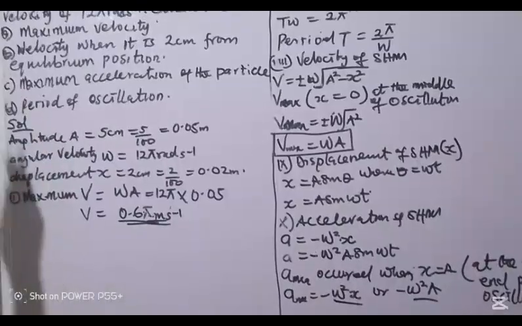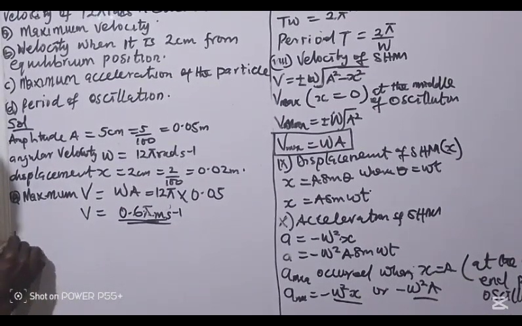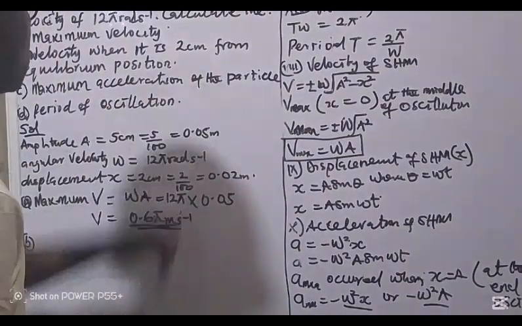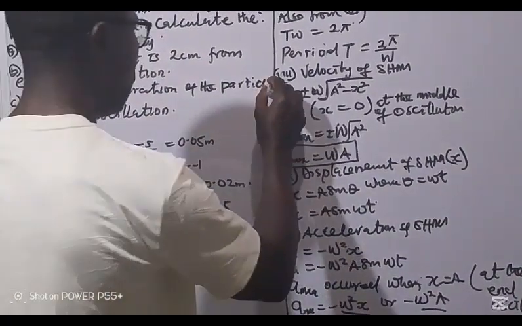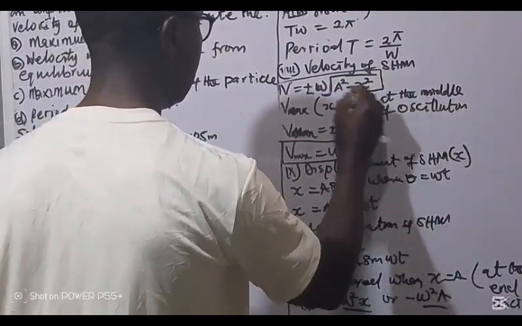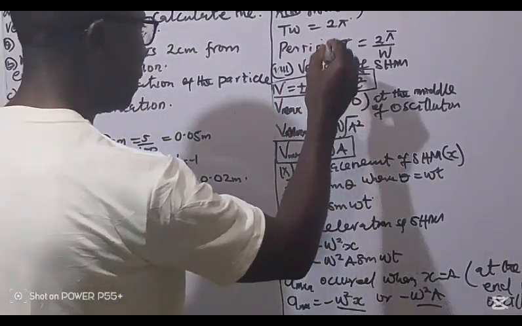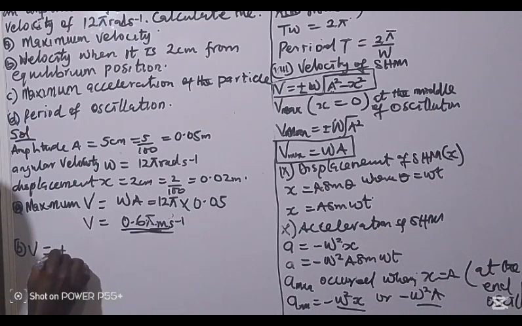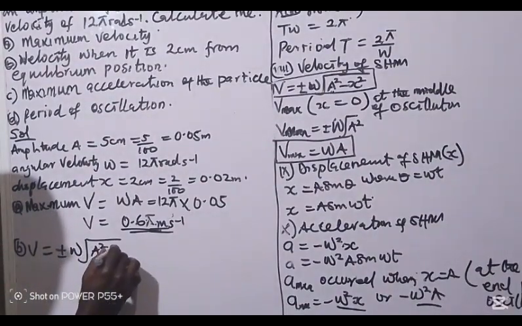Let's take B part of the question. This is A. Now B, velocity when it is 2 centimeters from equilibrium. According to what we have on the board, we are going to apply this formula, because now both the displacement and amplitude are given. So we are going to have V is equal to plus or minus omega square root of A squared minus s squared.